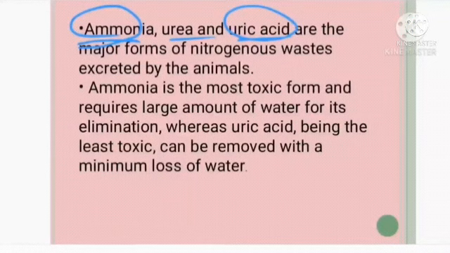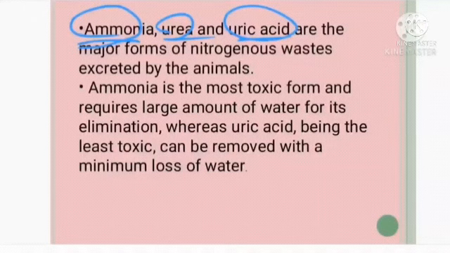Ammonia is a very toxic form. It is excreted by the aquatic animals because they have water. The ammonia released by these organisms gets dissolved in water, causing less harm. The other one is urea. Mammals excrete urea in the form of urine.